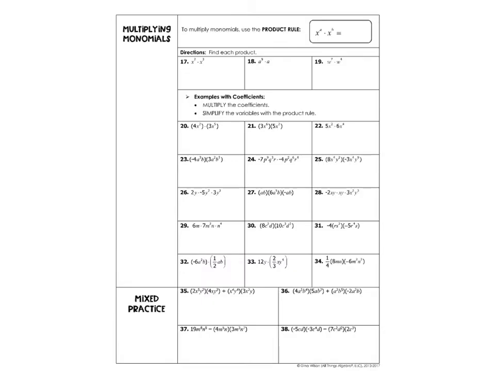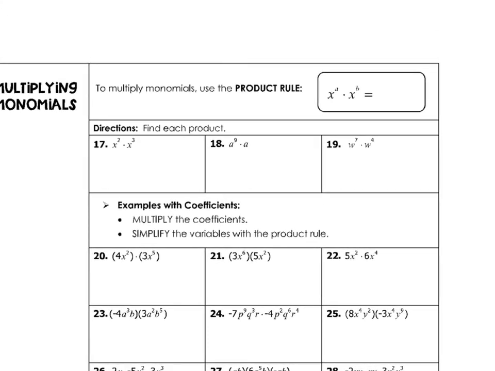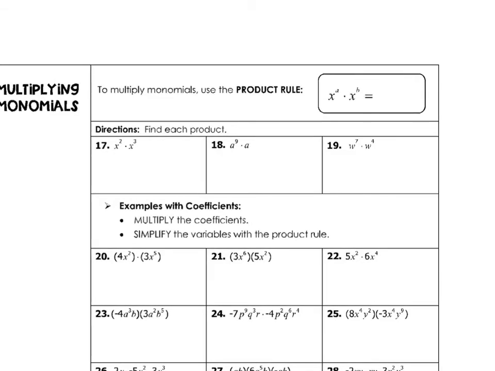All right, let's look on the other page. It says to multiply monomials. Well, before we were adding and subtracting, but to multiply monomials, we're going to use the product rule.